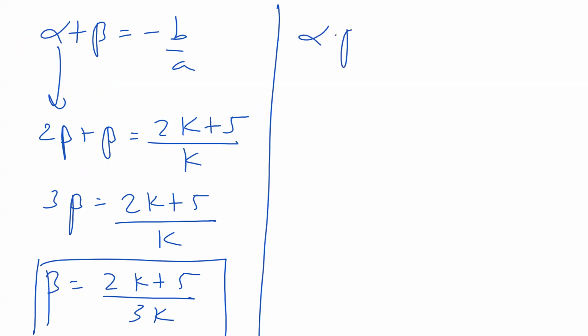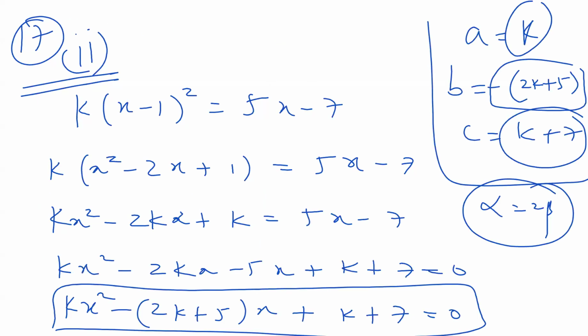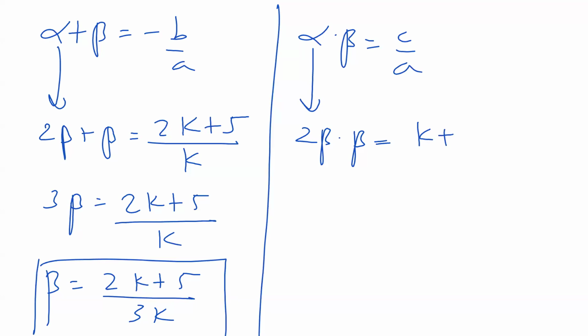Alpha into beta is c by a. Alpha is equal to 2 beta. C is k plus 7 and a is k. So (k plus 7) upon k. So 2 beta square is (k plus 7) upon k, so beta square is (k plus 7) upon 2k.